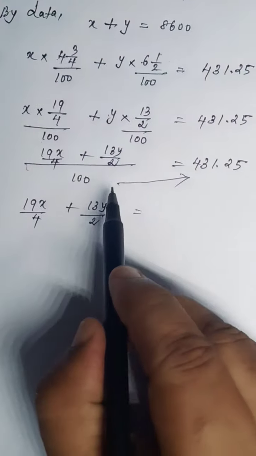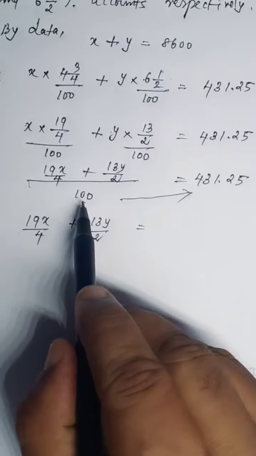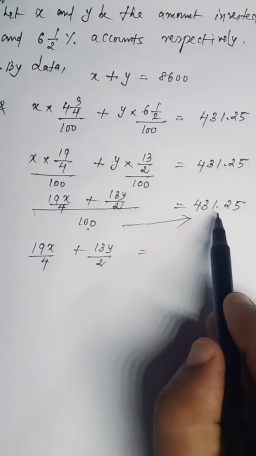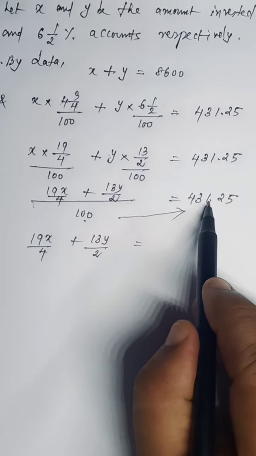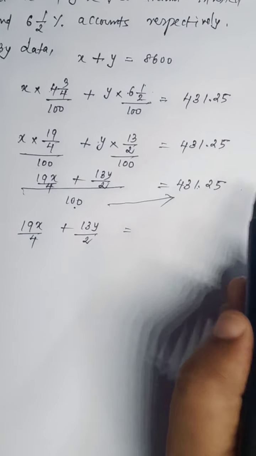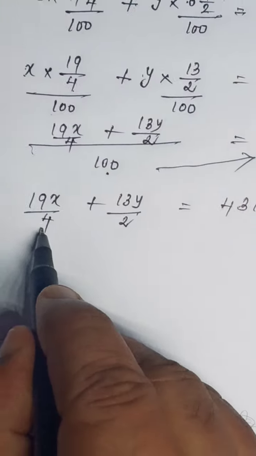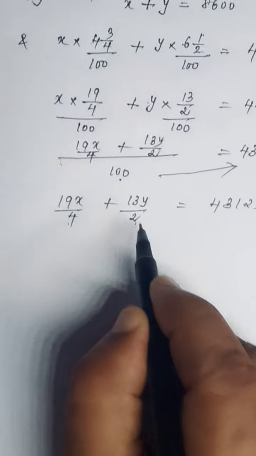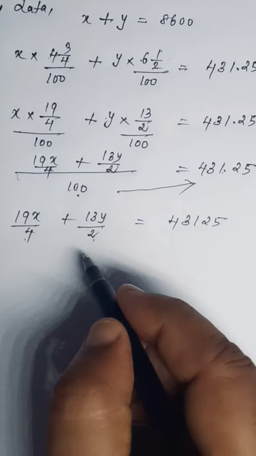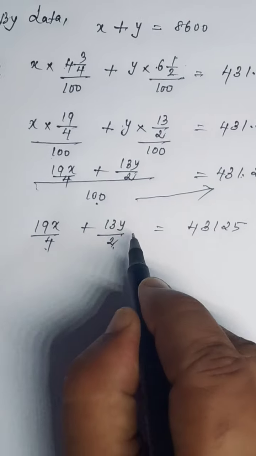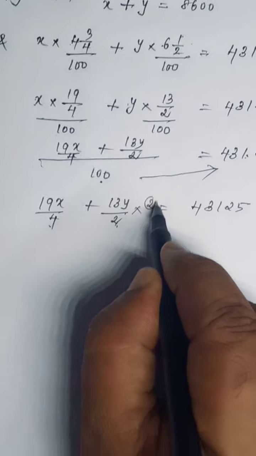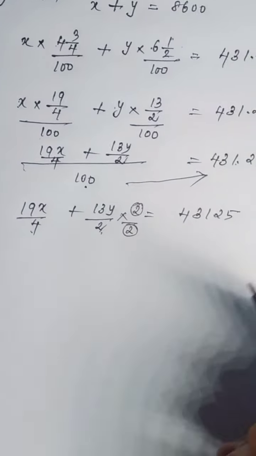We have to cross multiply. In 100 we have double zeros, so once you multiply, the decimal point will move towards the right hand side by 2 places. You will be getting 43,125. Now here 4, here 2 for taking LCM. Otherwise we can make 2 into 4. What to do? Multiply the numerator and denominator by 2.